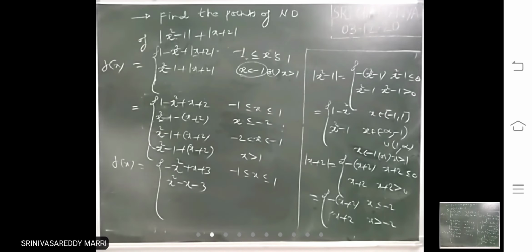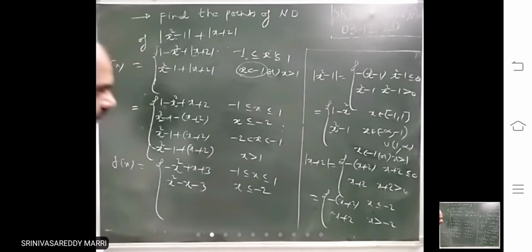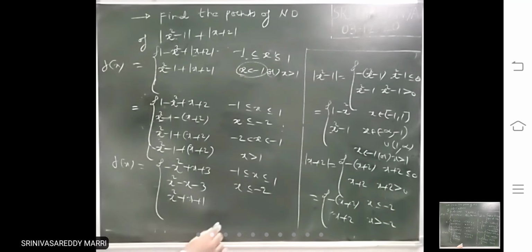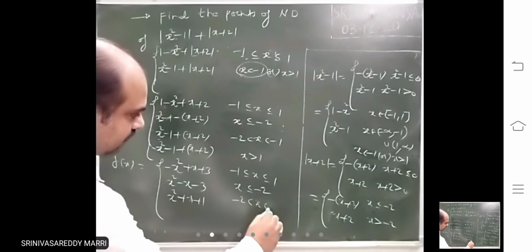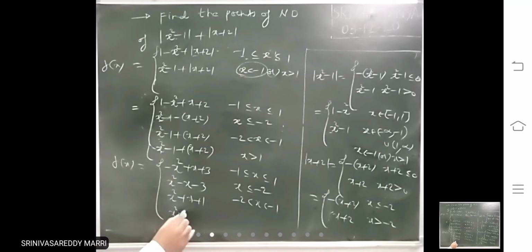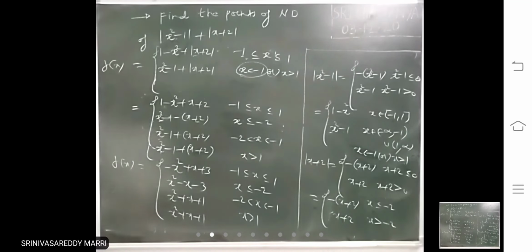This is x square minus x minus 3. So now over. This definition I have completely written.